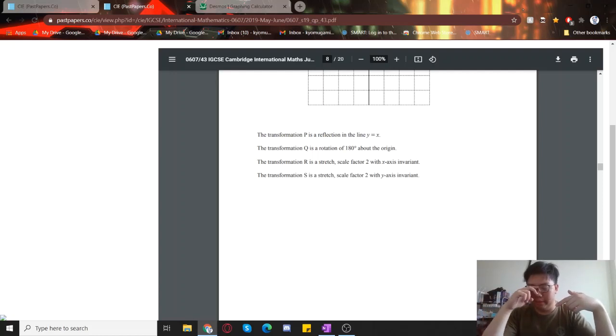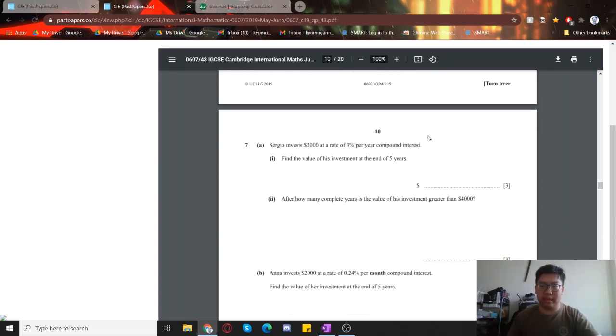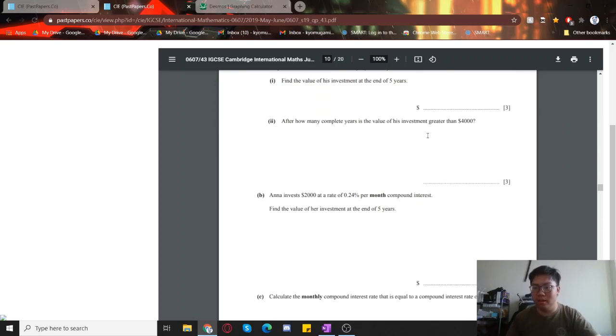Instead of stretching it outwards, we want to compress it inwards. So instead of scale factor 2, we say scale factor half. Instead of doubling, we're halving, and still it's an x-axis invariant. Great, that's another question solved.